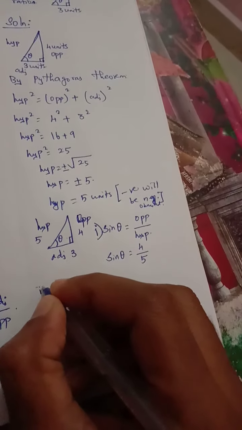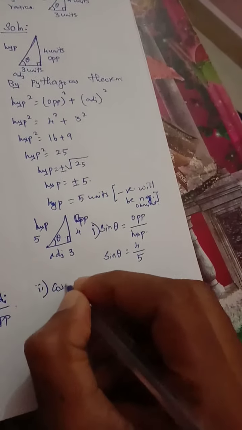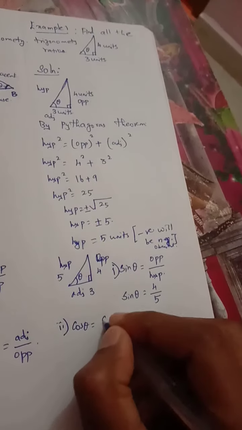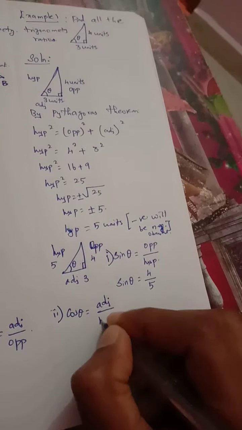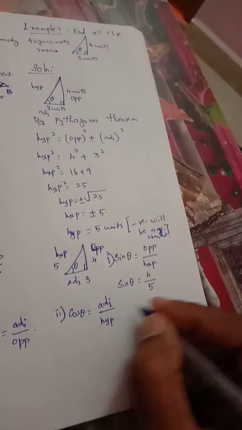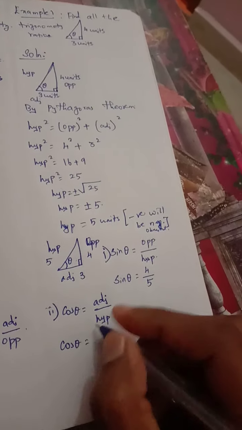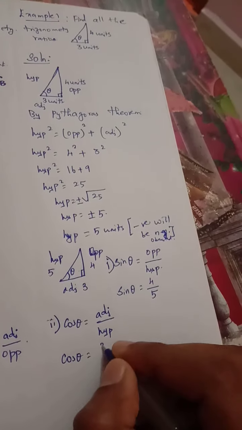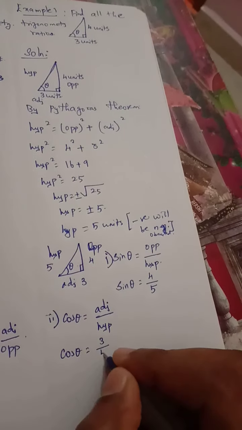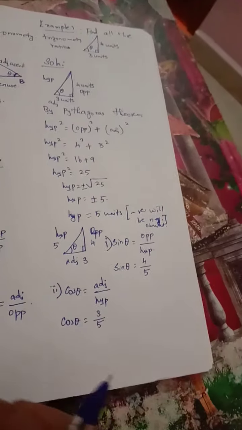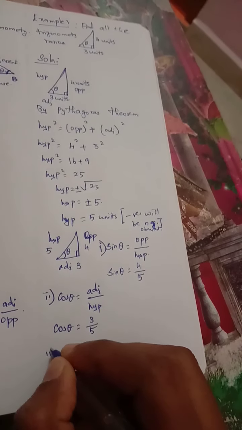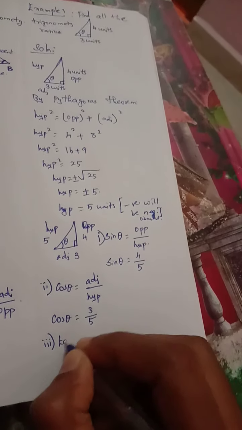What is the second one? Cos theta is adjacent by hypotenuse. Therefore cos theta is equal to adjacent 3 units by hypotenuse 5 units. Clear, children? The third one is tan theta.